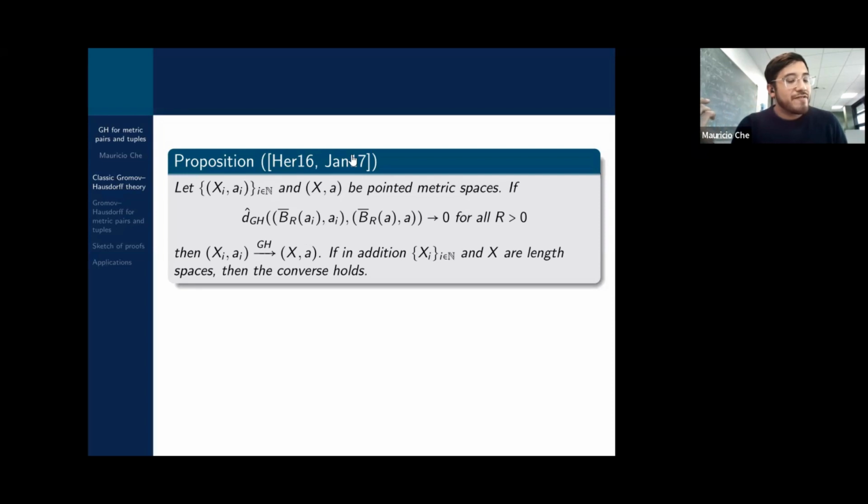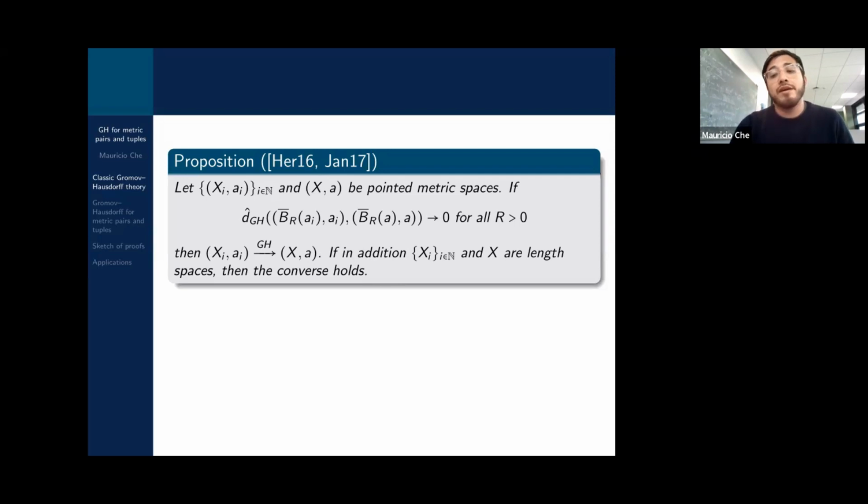In addition, if the elements in the sequence and the limit are length spaces, then the converse also holds. That means that in the setting of length spaces, the convergence that I defined earlier is equivalent to this convergence for all radii.